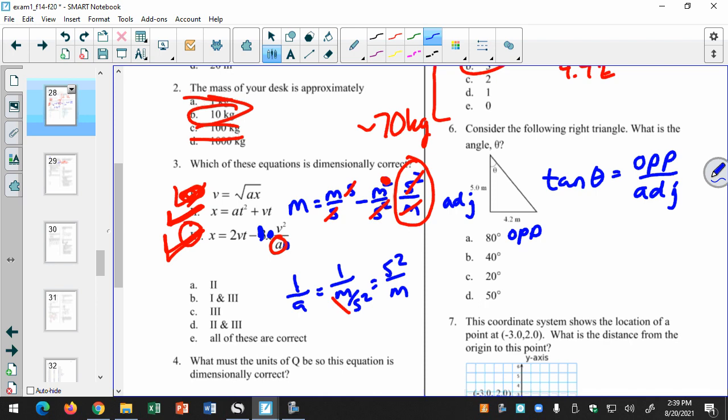That's the TOA part, right? T-O-A. And so theta is the inverse tan. I take the inverse tan of both sides, and it gets rid of that tangent on the left-hand side. Of opposite over adjacent, that's 4.2 over 5.0. And then that angle is whatever it is.